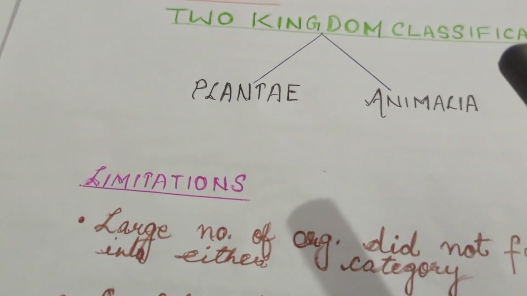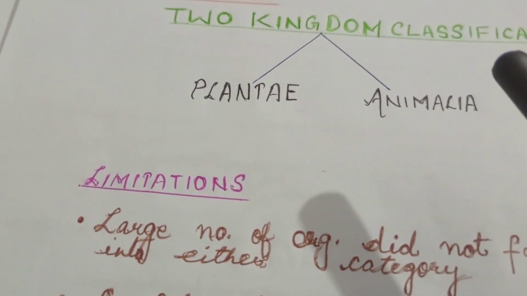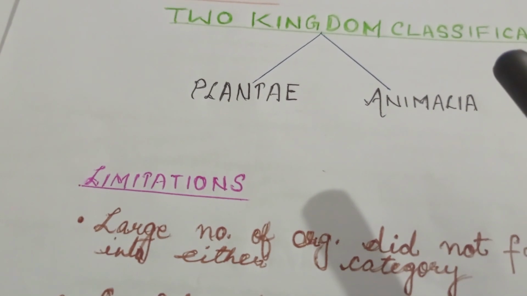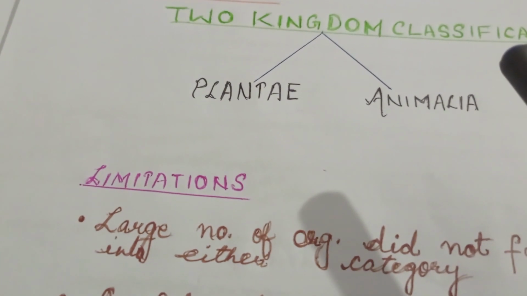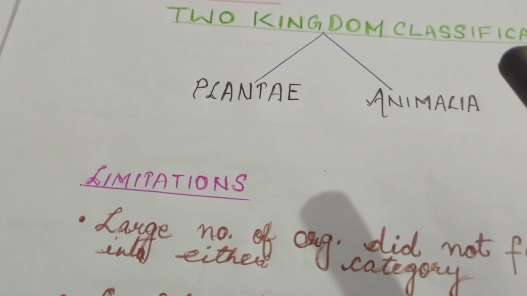eukaryotes and prokaryotes. You know, prokaryotes are very simple organisms without proper cellular organization. They are simply made up of a cell, and eukaryotes have well organized cells. So this classification could not distinguish eukaryotes and prokaryotes. Again, it could not distinguish between unicellular and multicellular organisms.